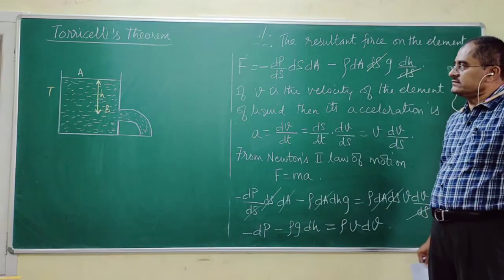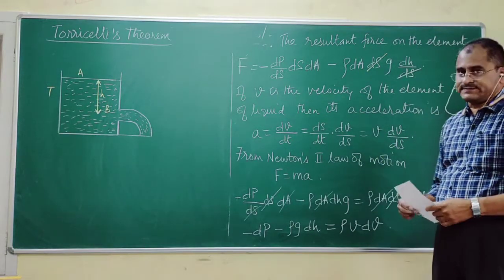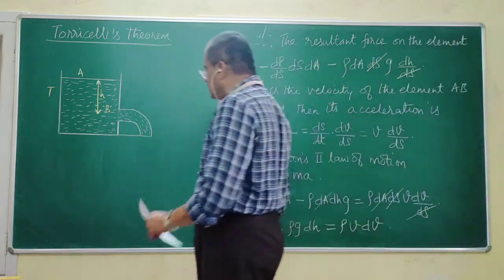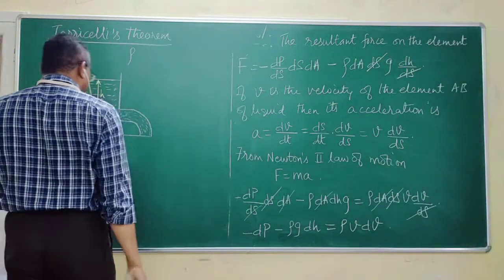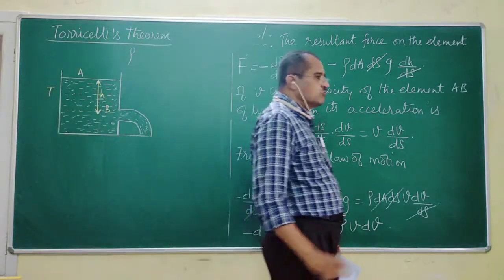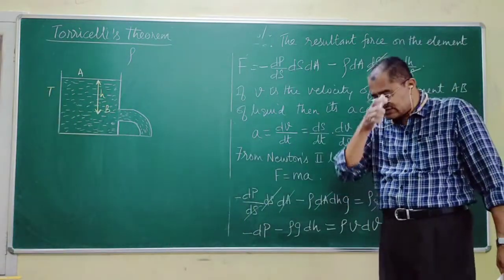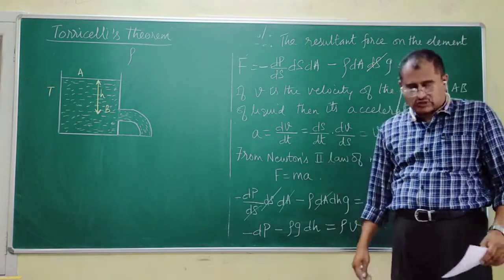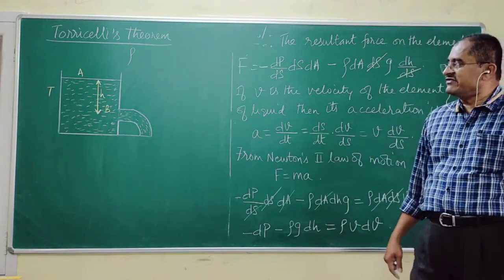We are considering a vessel T. T is a vessel having a liquid of density rho. There is a lot of theory here, please listen to what I say very carefully so that you can make notes as you listen to this video. We are considering a vessel.